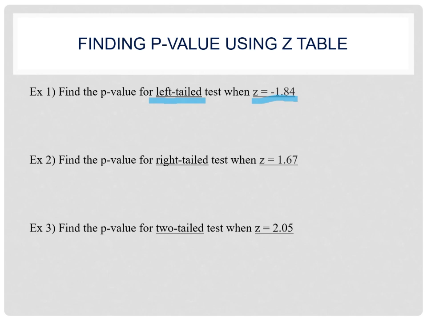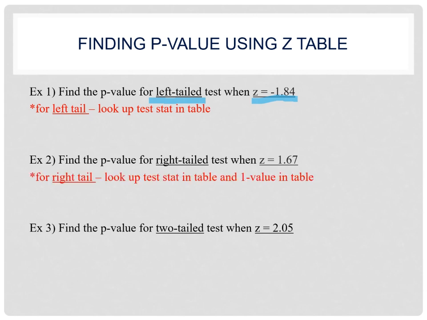Okay, and remember, you do know how to do this. So remember, for left tail, you were fine. You would look up the z value and there would be no issue. So go ahead and look up z is negative 1.84, get your probability, and you should find a number there.